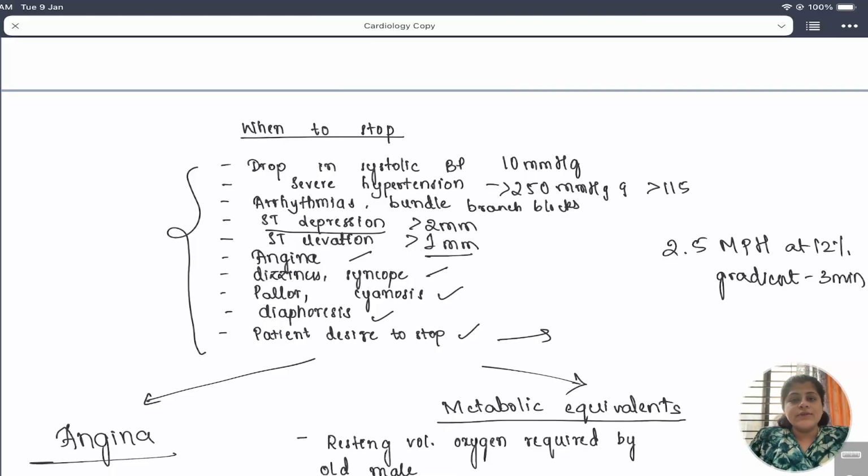But if the patient is not having any of these features, you can continue the exercise. Only very healthy athletes will be able to cross all the stages of the Bruce protocol. Otherwise, they will at least be able to do 2.5 miles per hour at 12% gradient for 3 minutes.